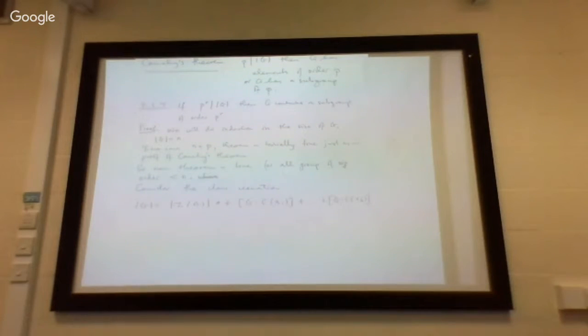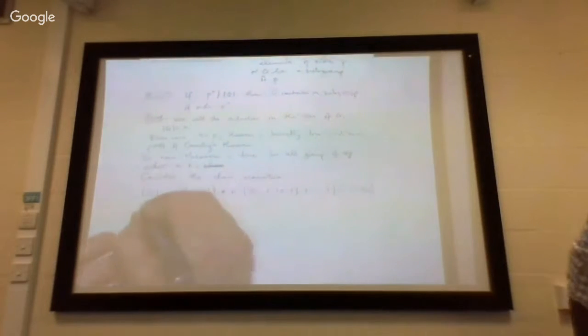So now the different cases go slightly differently to the proof of Cauchy's theorem.